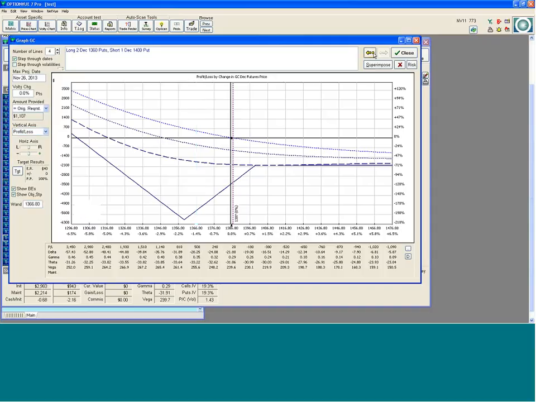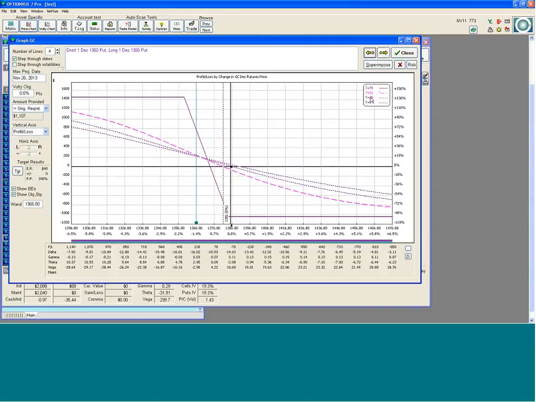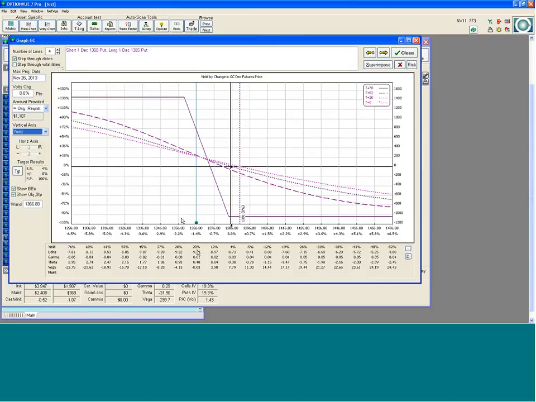When we looked at our bear put spread, we had a $220 profit, less than $500, but the yield on that was 20%. So we actually have a larger yield with a lower margin trade with a $20 move on the same day because we structured the trade differently.